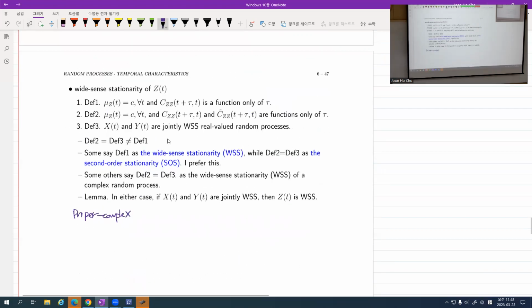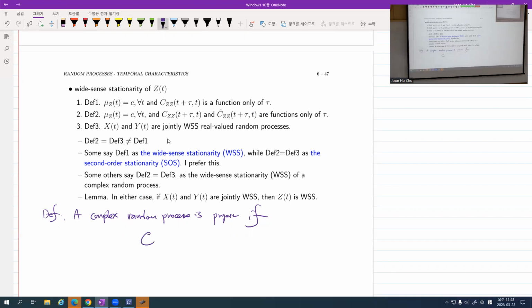So here goes the definition. A complex random process is proper, or let me write it again, if, again, you use the complementary covariance function.